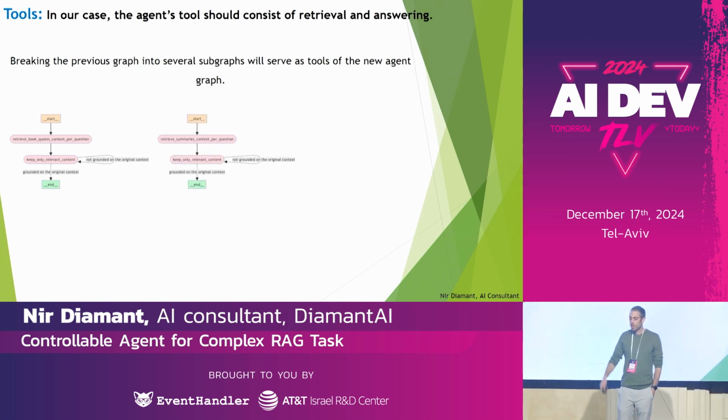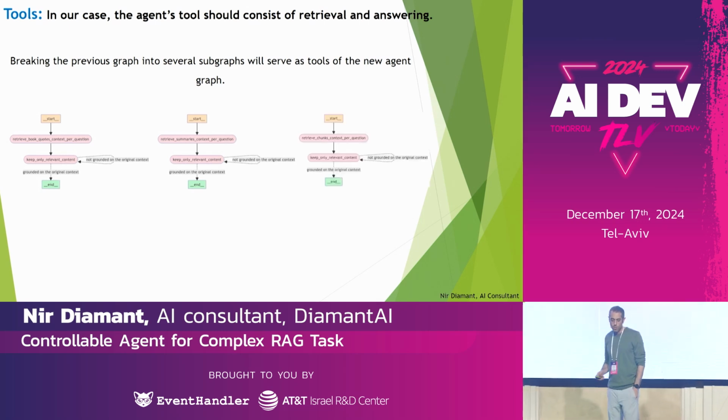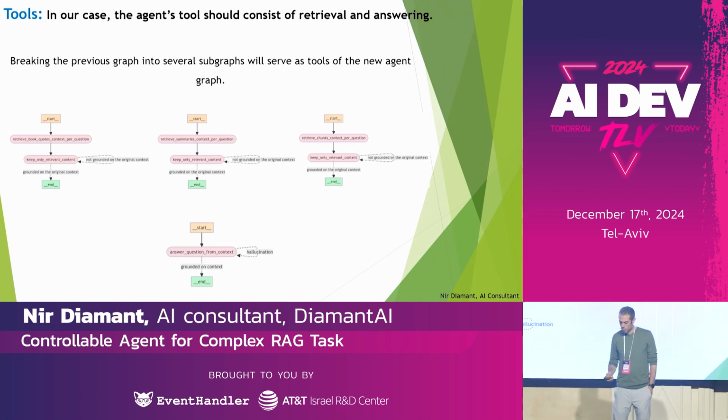We want the same for the summaries of the book, and for the chunks. Then there is an additional family of the answer tools. In this case, just one answer tool that answers and verifies it's not hallucination.